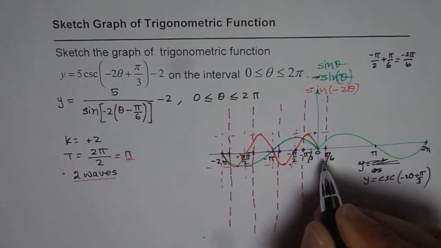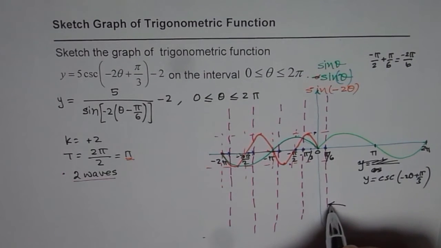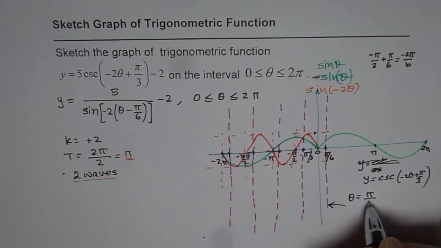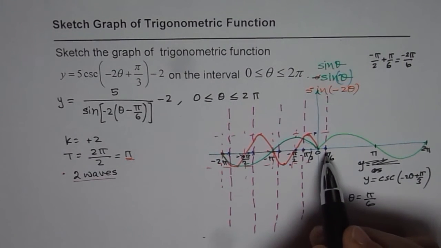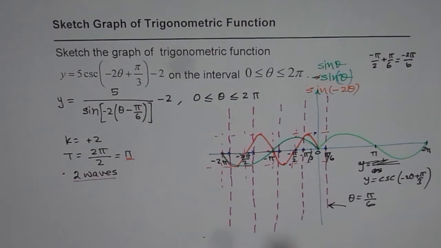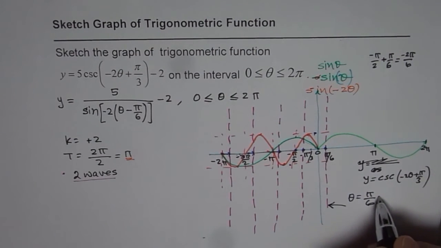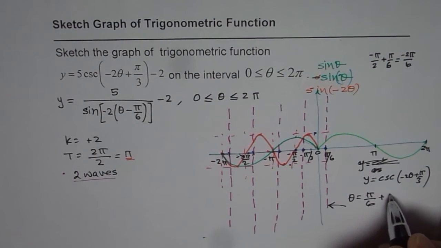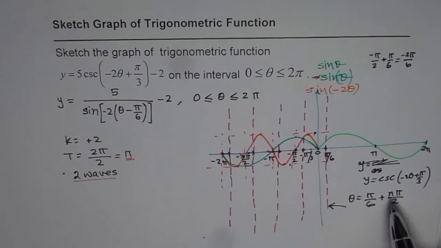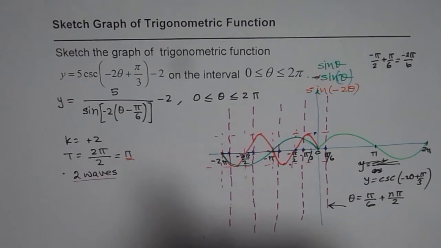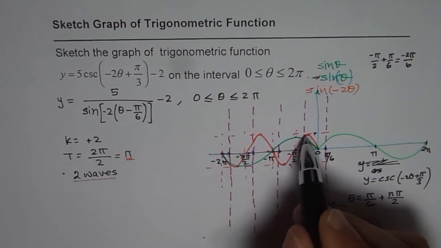Here the vertical asymptotes will be at theta equals pi by 6 plus, in our case since we are interested in 2 pi, n pi by 2. Now in our case, n is minus 1, minus 2, minus 3 and minus 4. You get my point.